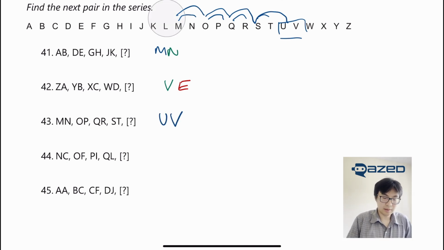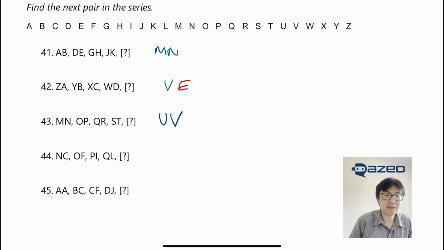Now we have NCOFPIQL. So let's start with the first letter again, see what they're doing. So you have N, O, P, and then Q. So naturally, the next one will be R for the first letter.